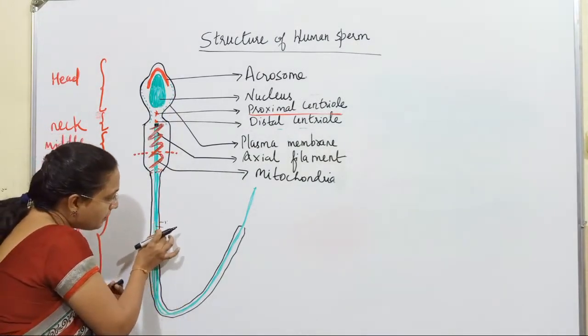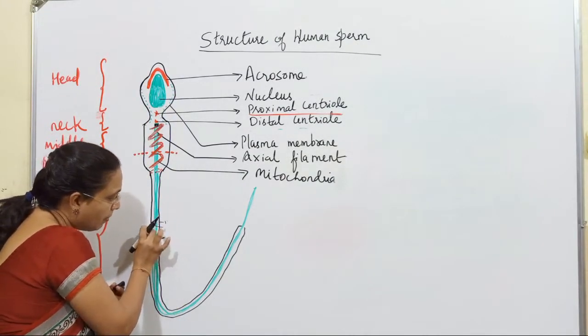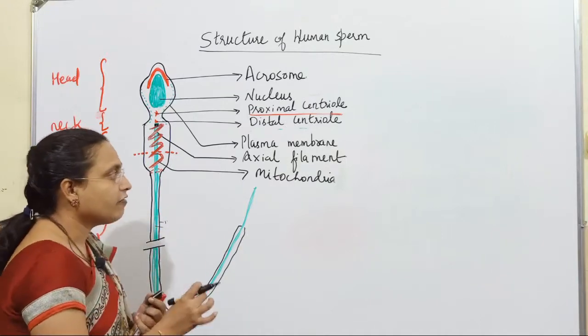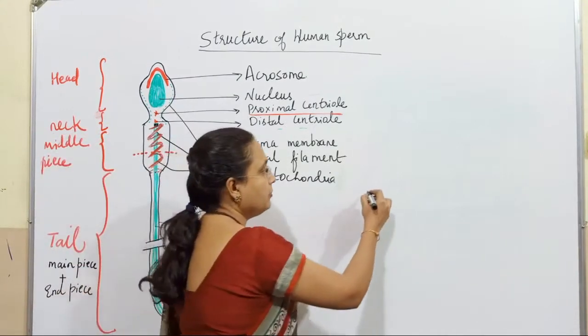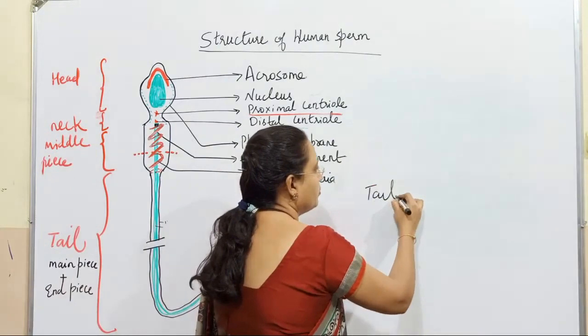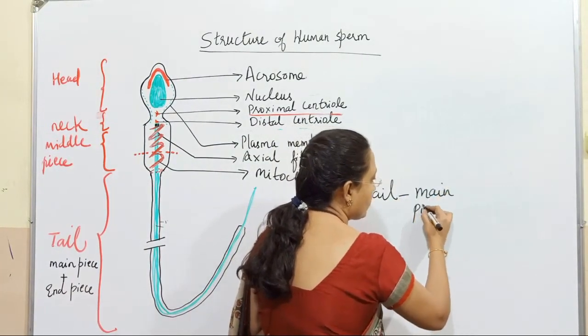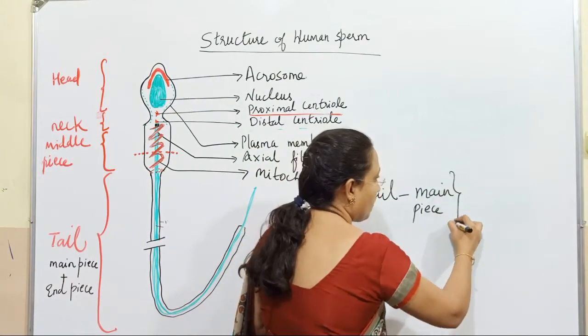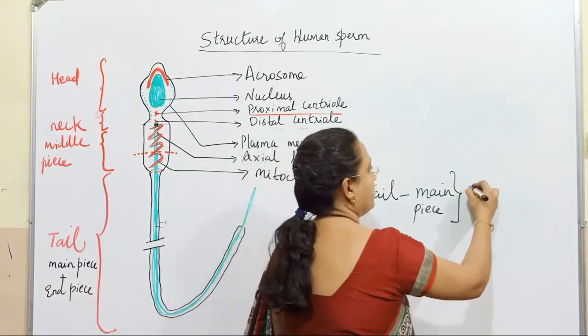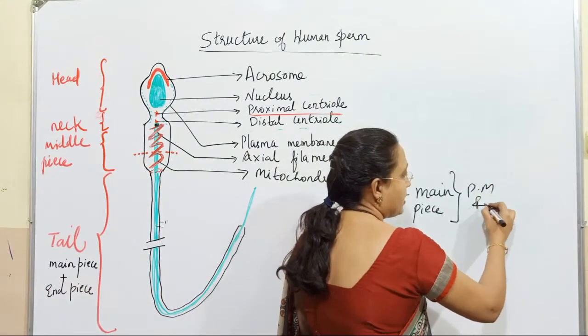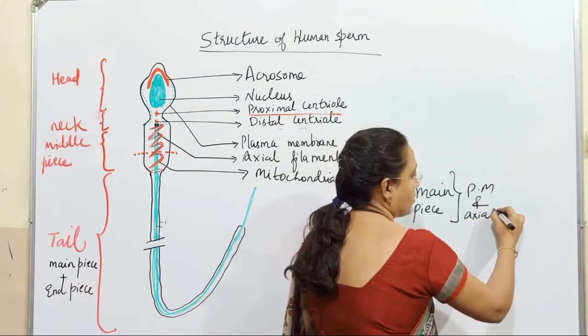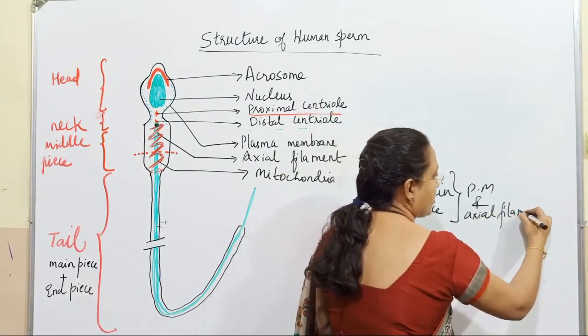So this plasma membrane and the axial filament form what is called the main piece, the principal piece. It consists of plasma membrane and axial filament.